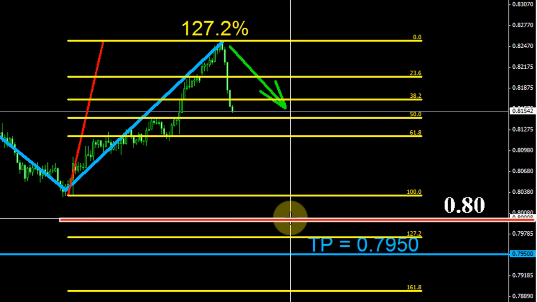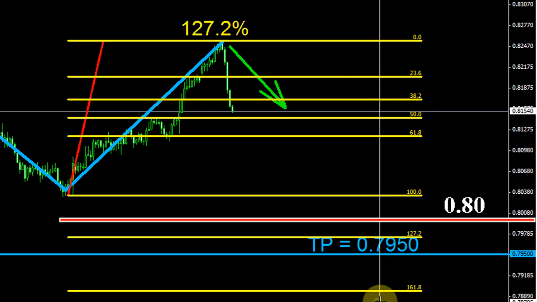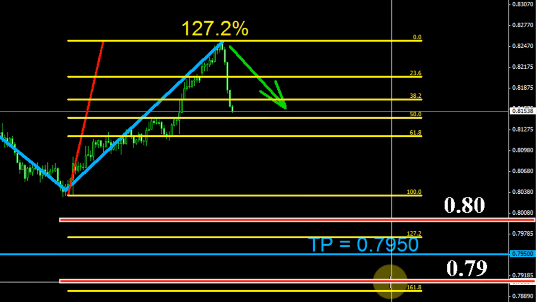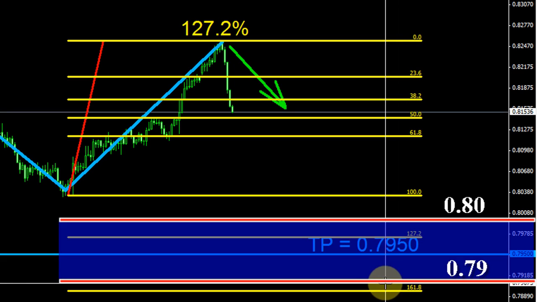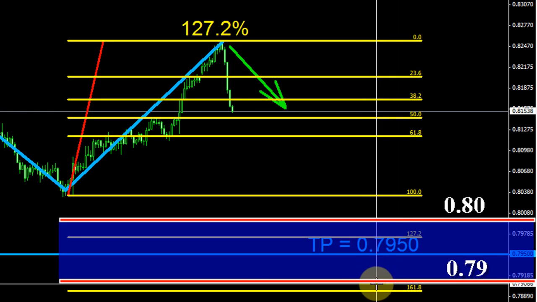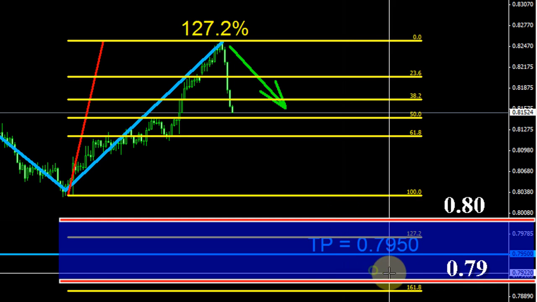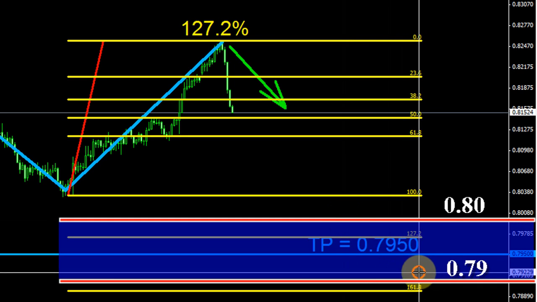That's why I wanted to set the take profit a bit closer, a bit higher up, because there's another level over here which is 0.79, which just happens to be on the 161.8 line, or just above it. So I want it to be above this other support line. If we do break the 0.80 level, then we don't have to worry about the 0.79 level.